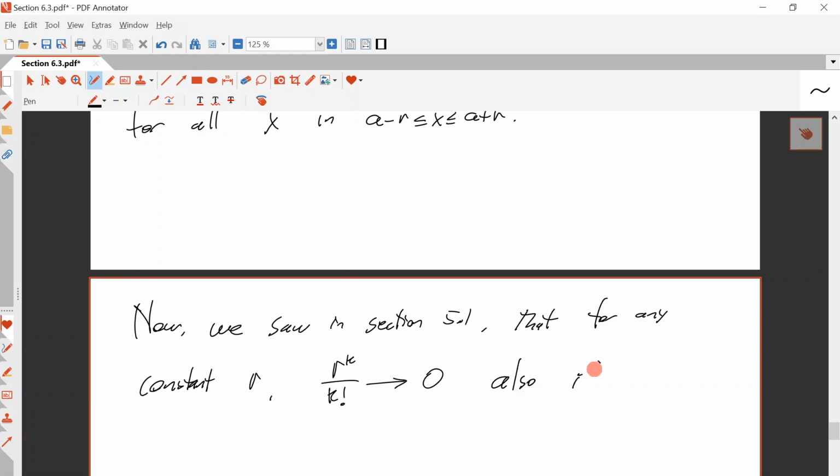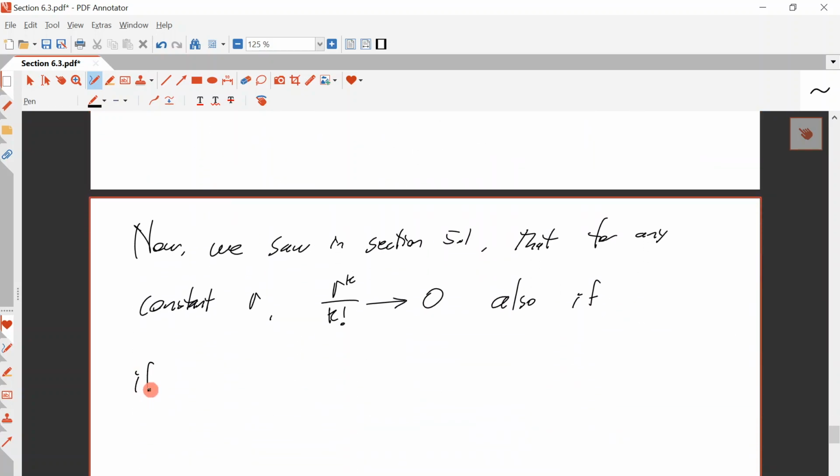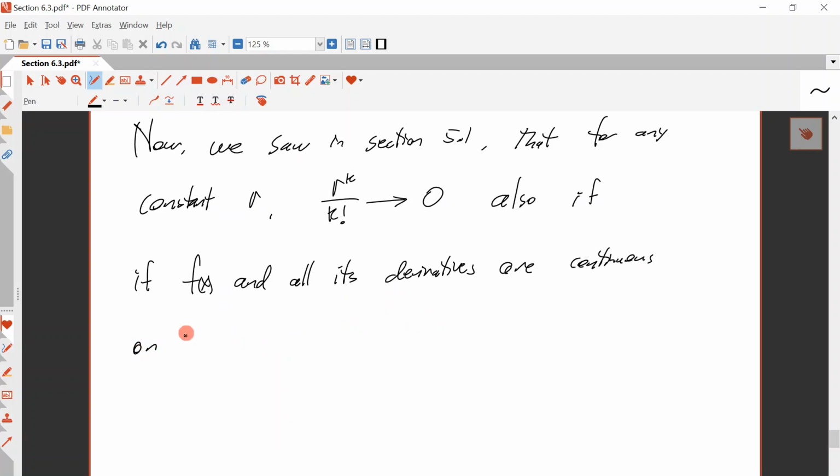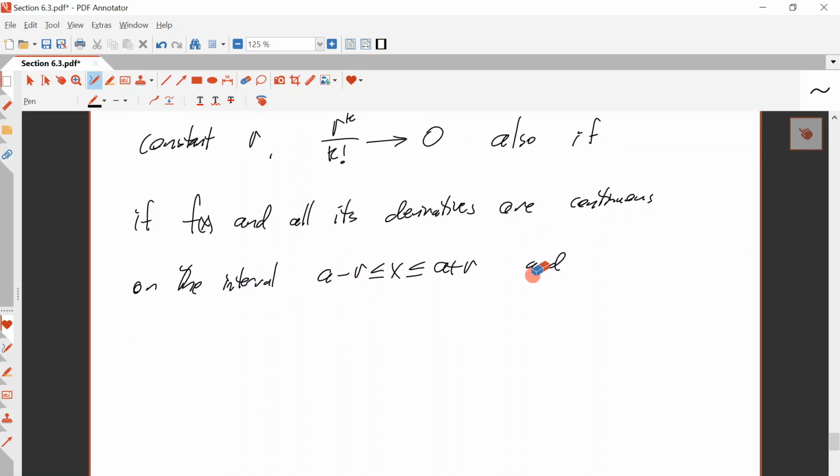Also, if f of x and all its derivatives are continuous on the interval a minus r less than or equal to x less than or equal to a plus r, then they all have some maximum value, M_k.